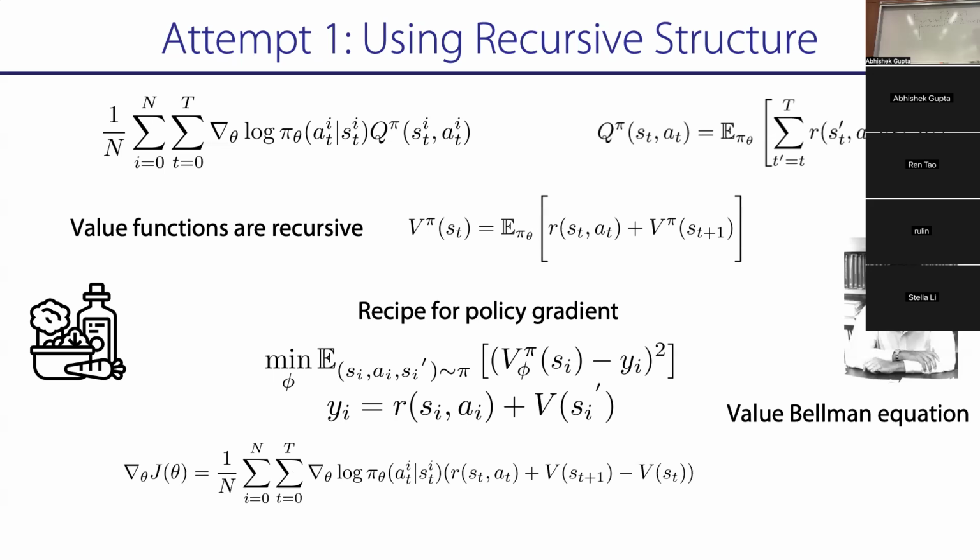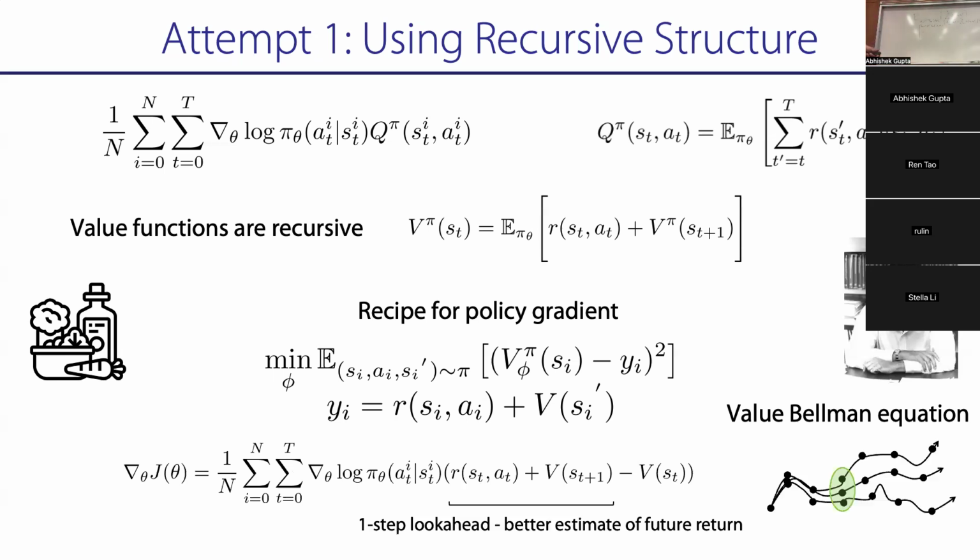And intuitively, you can think of it as, maybe I have it on here. Ah, good. You can think of it as taking your state S_T, doing a single step of reward, and then, instead of doing a single sample estimate, substituting in your value, which is kind of like an average, right?